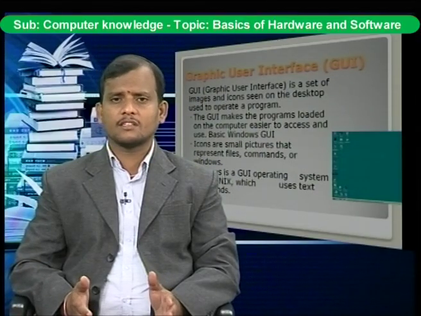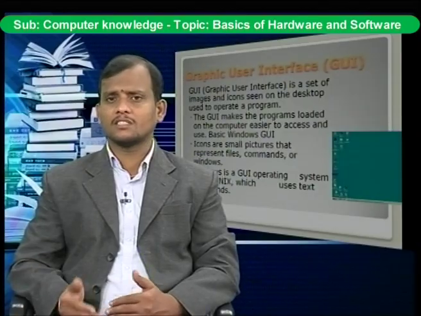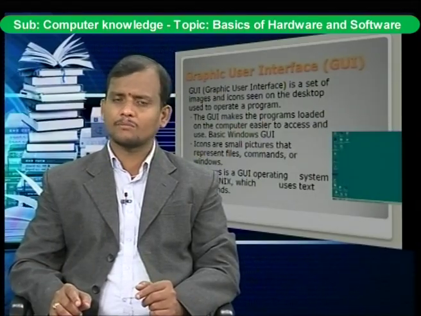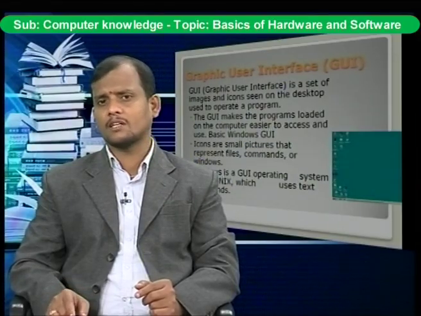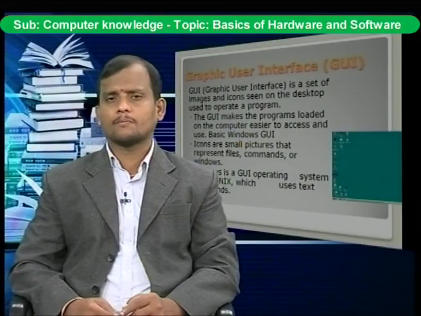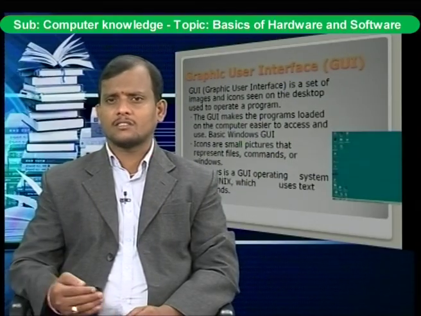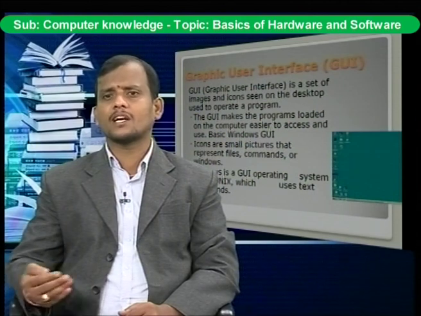Hardware you can see, feel and touch, but with software you can just interact: you place one click, and it will execute. So the graphical user interface is the interface used to interact with the computer.